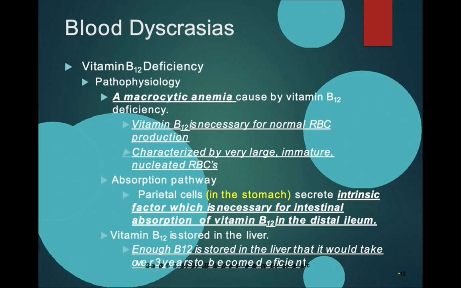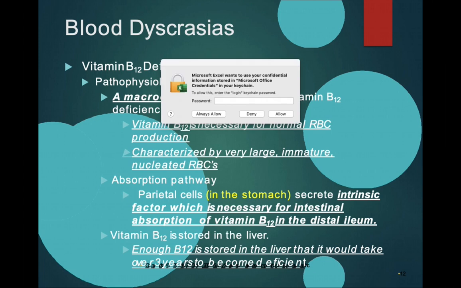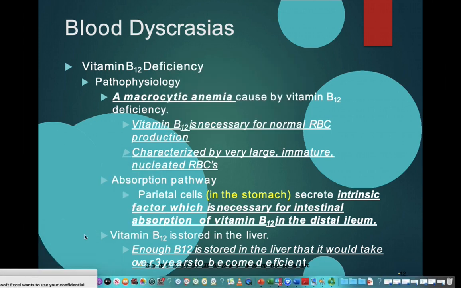But if the body is deficient and the bone marrow is pushing out these cells at a much faster rate, they can push out these cells well before they are mature. So one of the things that we look for is not just large blood cells, but are there any that are nucleated?